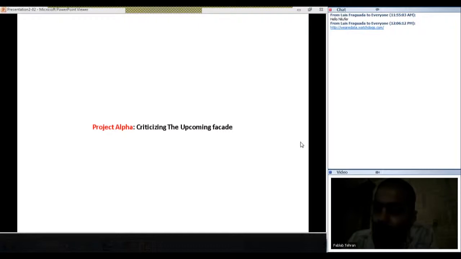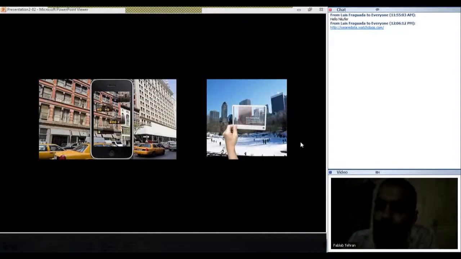We all know that we are now able to use augmented reality techniques that are used to tag places in different parts of the city to show more information than the reality that we perceive.